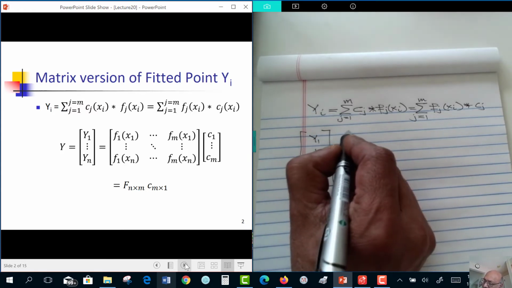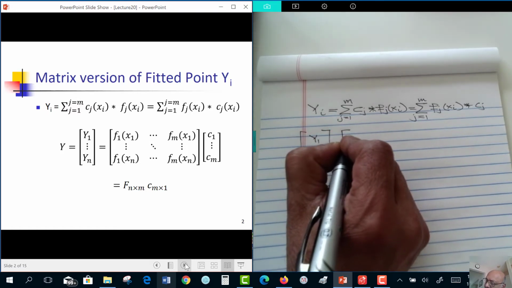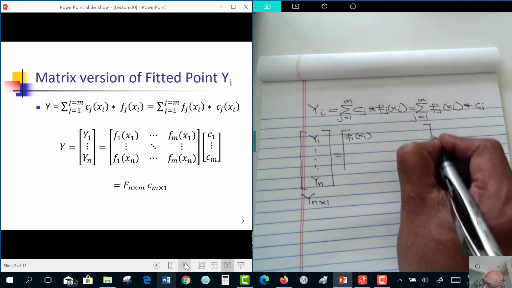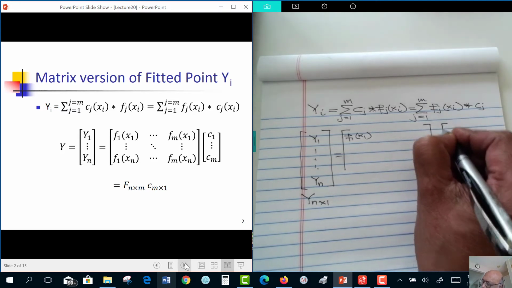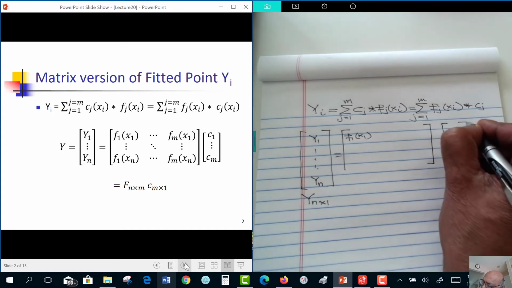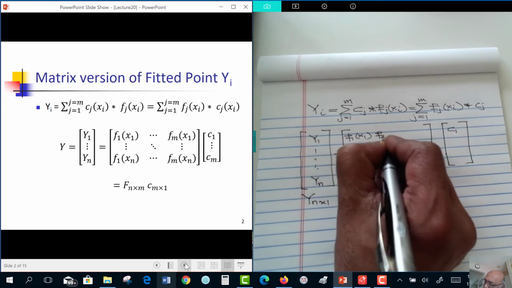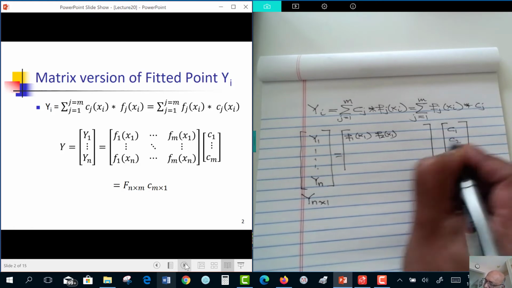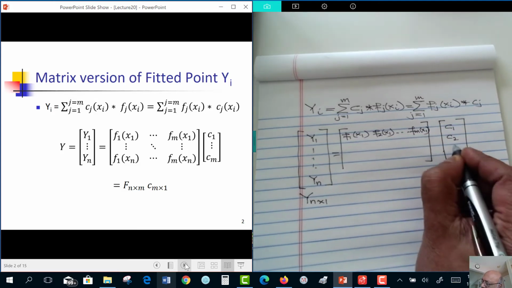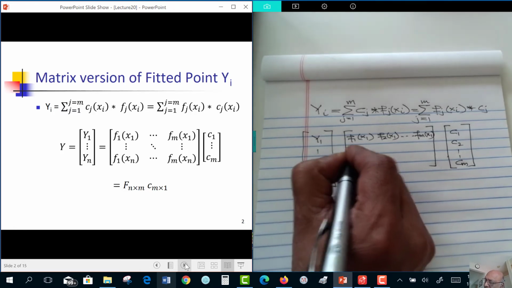So let's see what y1 is. y1 is f1 at x1 times c1, f2 times c2, on and on to fm times cm, right? Then we'll do the same thing for y2.